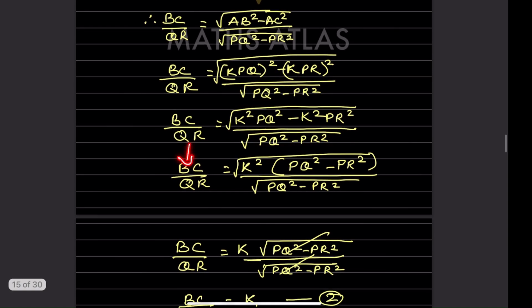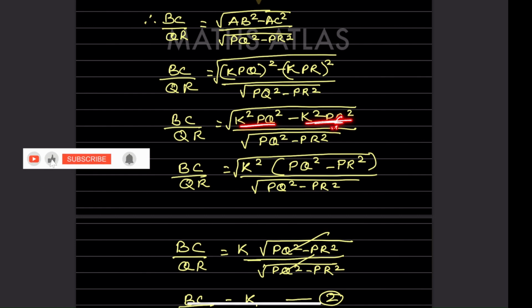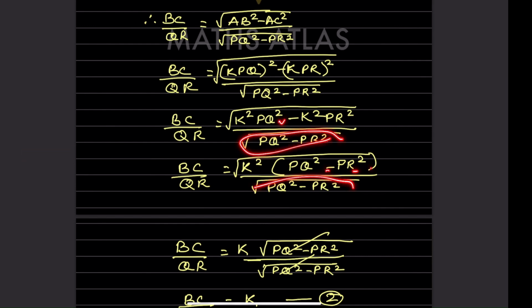Now here this will be BC by QR, and you will take from this, one term and the other term. What you can see is k square is common over here. So you will write k square times pq square minus pr square, and this will be as it is.